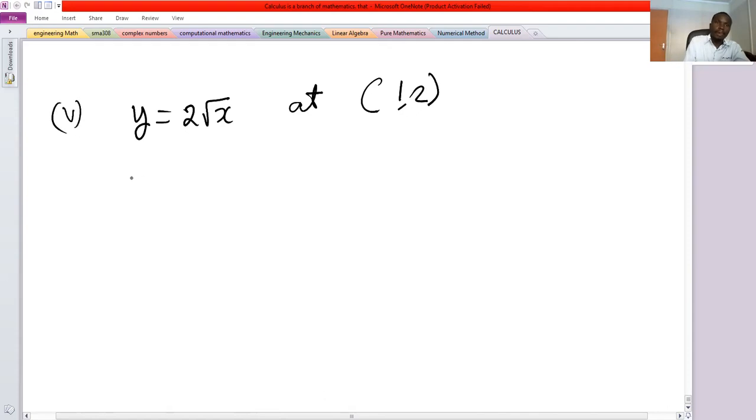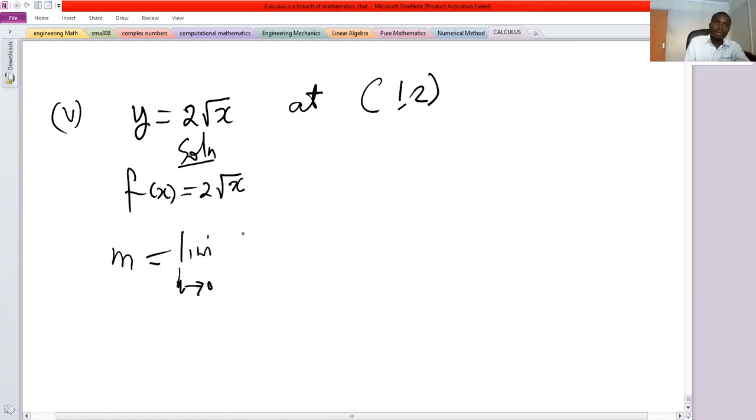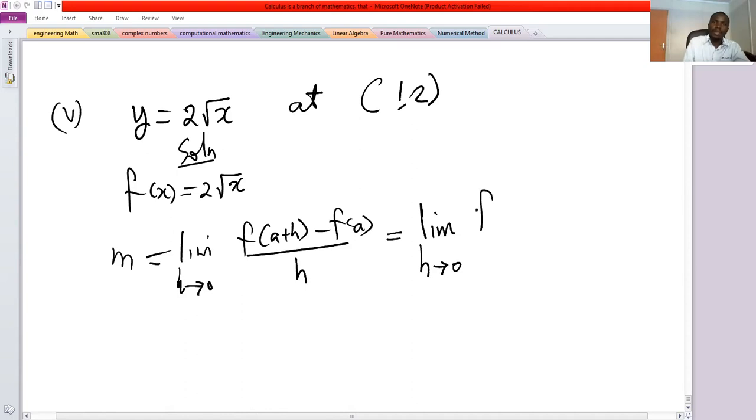So this is 5. So f of x is 2 root x. So m is limit as h approaches 0, f of a plus h minus f of a divided by h, which is limit as h approaches 0 of f, a for this case is 1, so 1 plus h minus f of 1 over h.